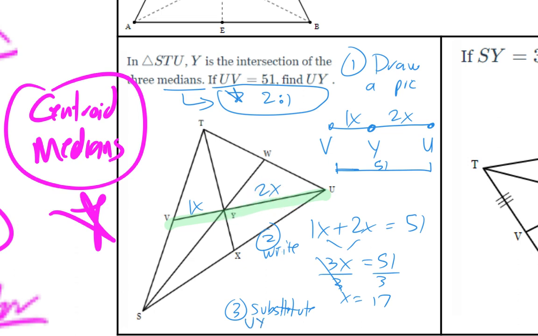So if UY is equal to 2x, that's going to be equal to 2 times some number, right? What number do we put there? Well, instead of x, we're going to put that 17. So our answer is 34. Okay, so 34 is our answer. All right, so that's what we're going to do: we're going to use that 2-to-1 ratio anytime it says medians or centroid. All right, those are our key words.